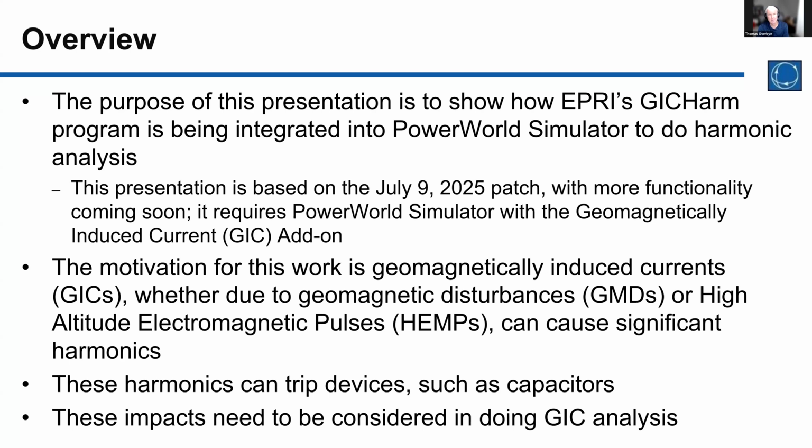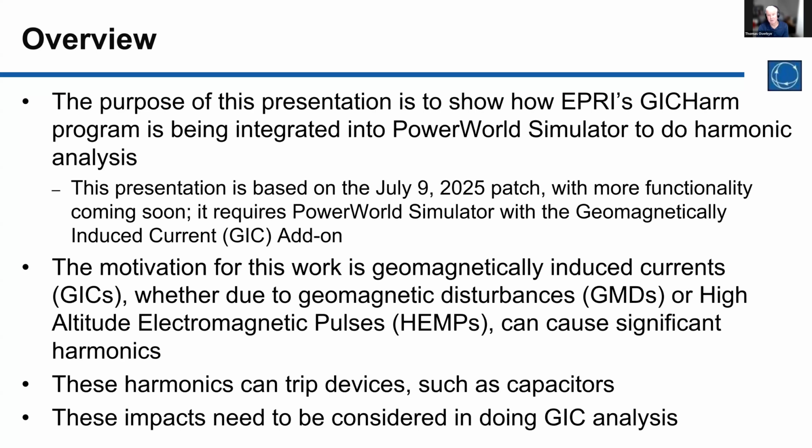The GICHarm program is used to do harmonic analysis associated with geomagnetically induced currents, what we affectionately call GICs. I've been working in the GIC area for probably close to 15 years now. And over that time, we have gradually added more and more functionality to PowerWorld.